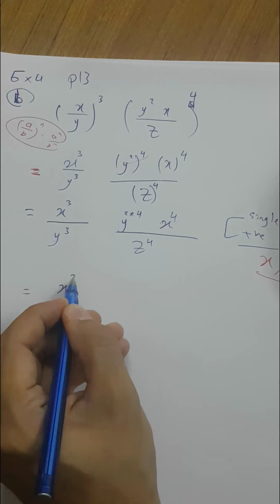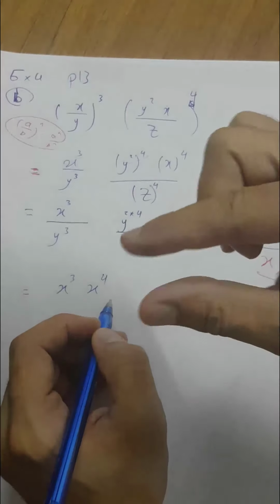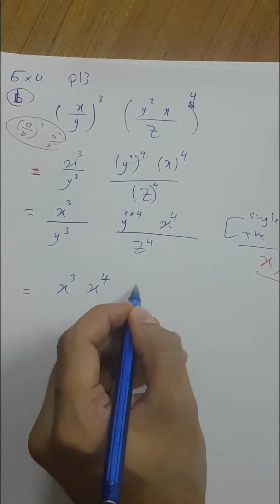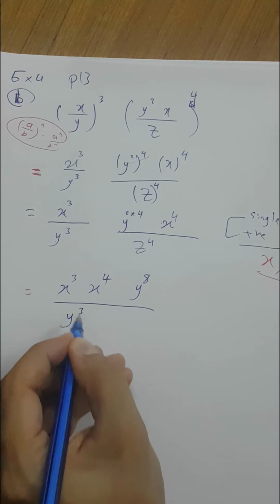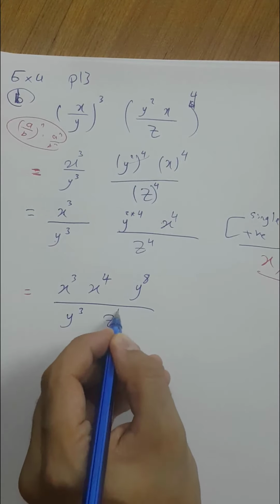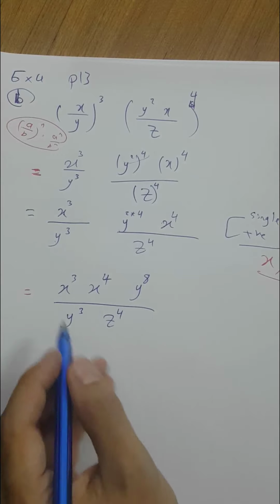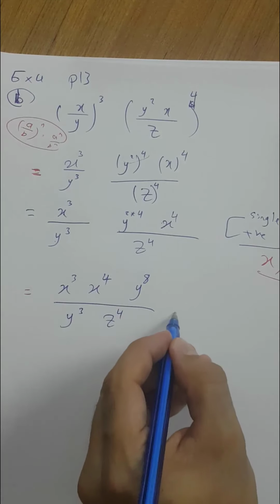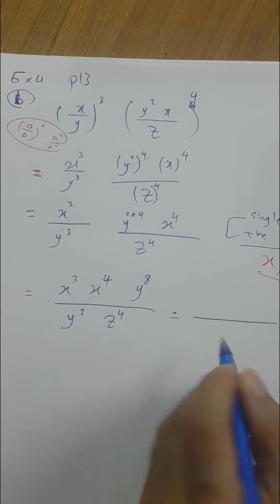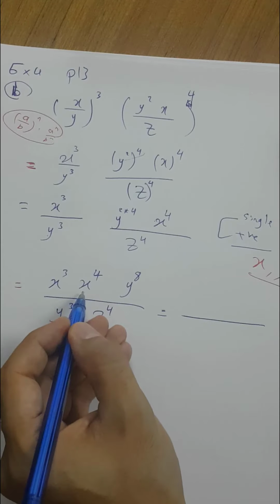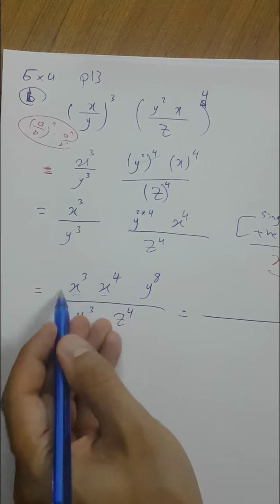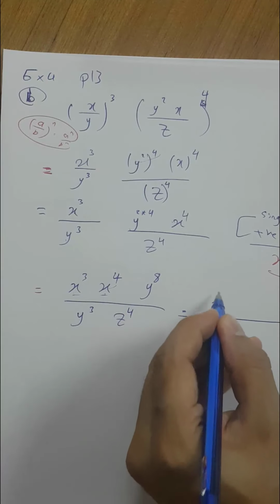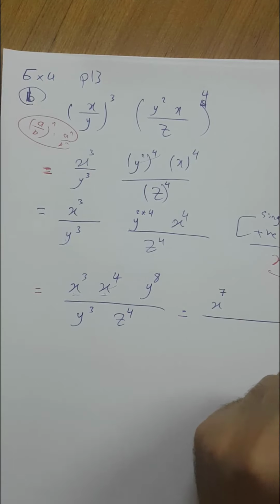So it's x to power 4, x to power 5. We arrange it, we order it. Now y to power 8 over y to power 3, z to power 4. Now the numerator: x times x, so by the first rule, we have the same base, so we will add the exponents.